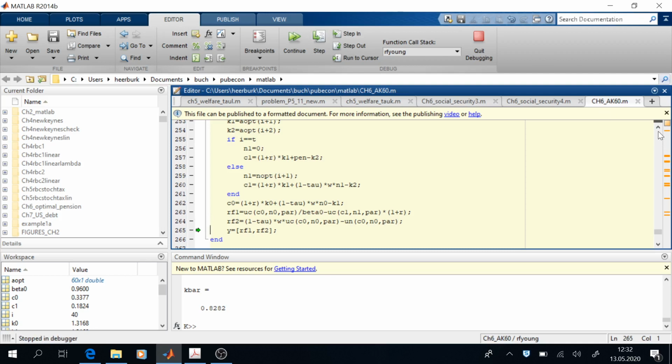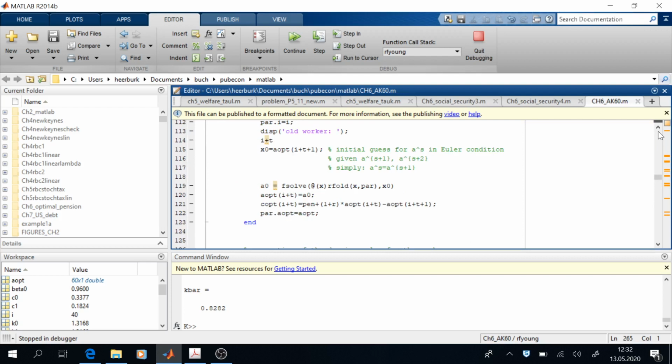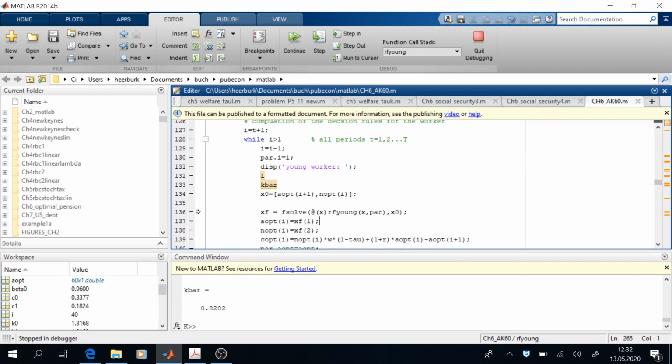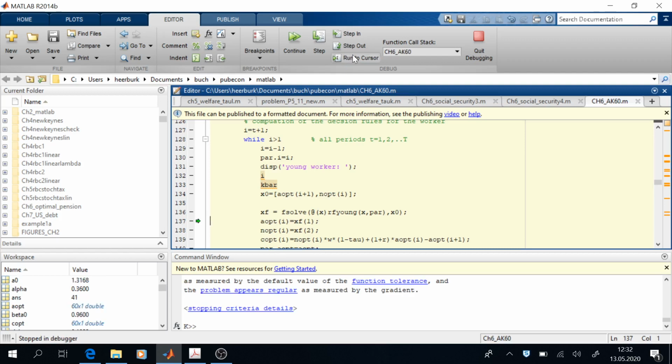So let's go back to the calling program here and run to the cursor. So with the help of the nonlinear equation solver fsolve, we have computed the solution 1.2078 for the wealth level at age 40 and 0.3719 for the optimal labor supply at age 40, provided that the aggregate capital stock is given by our initial guess here, and the aggregate employment is also given by our initial guess of 0.2.